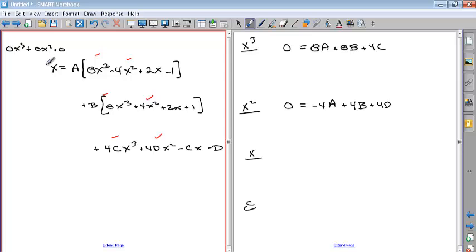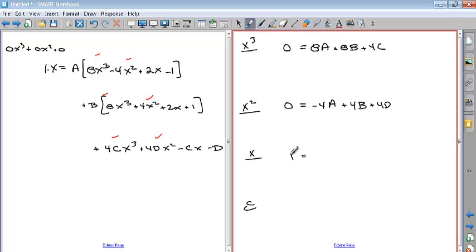Okay, we do have 1x, so we're going to have 1 here. 1 equals, not just 2, but 2a plus 2b minus c.